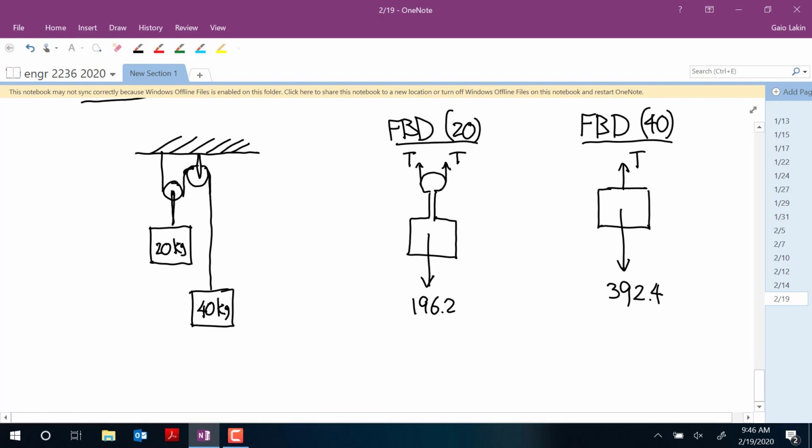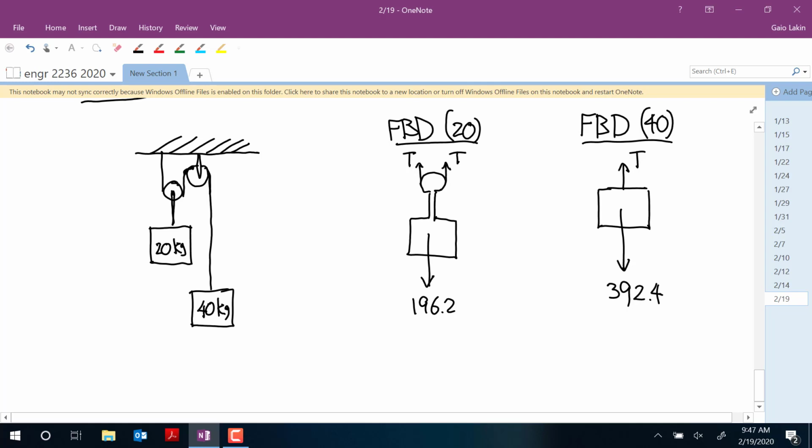And do the thing again where you think about, if you pull the 40 kilogram down, the 20 kilogram goes up, okay? But it's not a one-to-one distance relationship anymore with this problem. If you pull the 40 kilogram down, how far up does the 20 kilogram go? Half as much.